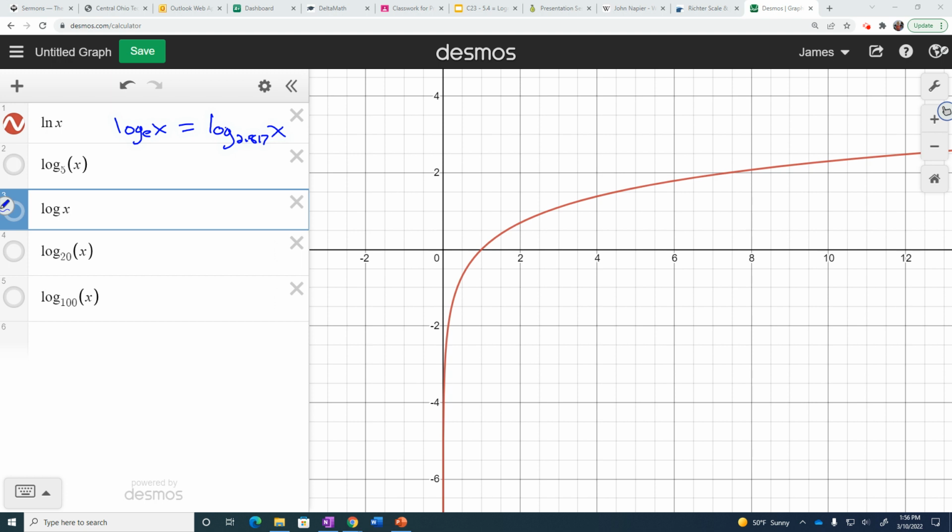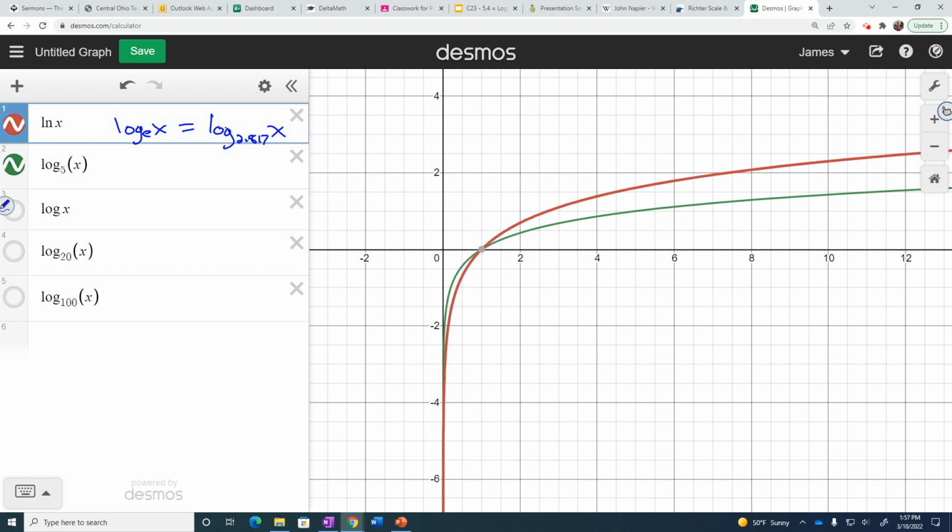So that's the shape of that one. And what I have here are increasingly bigger bases. This is log 5. It crosses the same spot, but it's a little less steep. Log x is the same as log 10, and it's even a little bit less steep.